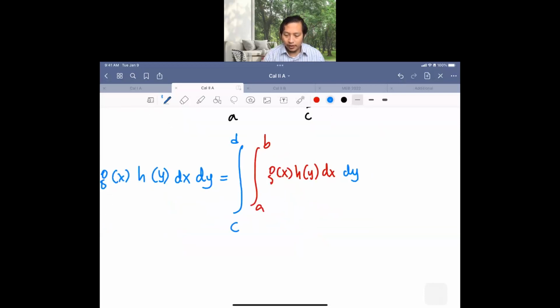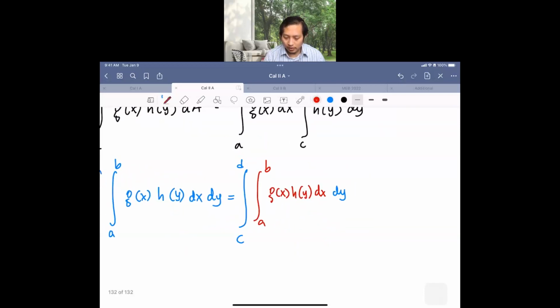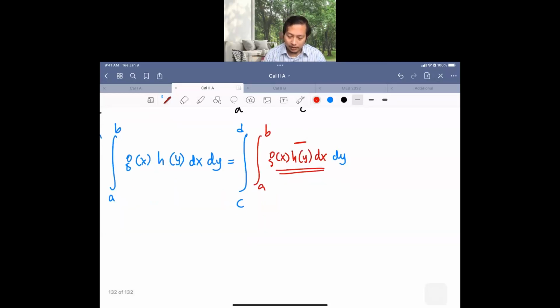So when we integrate this inside integral with respect to dx, we can treat the function h as a constant, right? It's similar to partial derivatives. When we integrate, we can also treat the other variable as a constant. So we can take h out to here, and still integrate the inside.